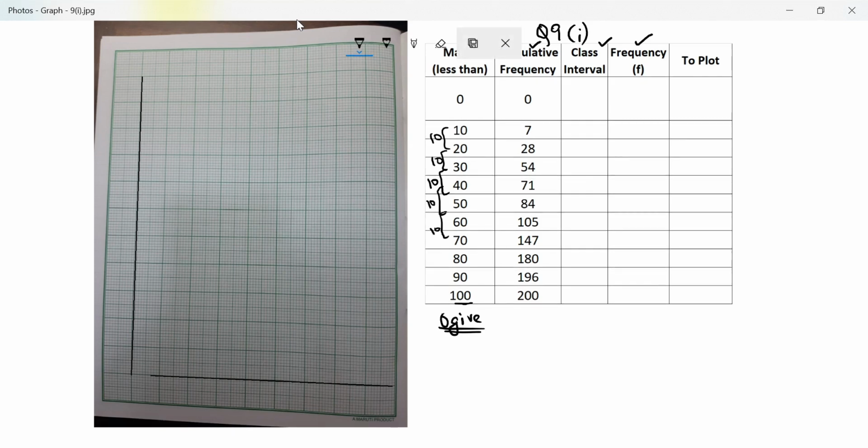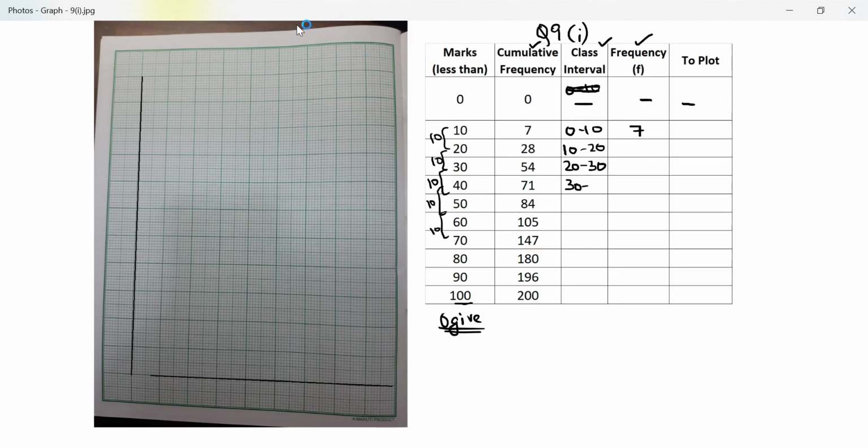So let's look at it. I can either start from here, which is 0 to 10, and then the next one can be 10 to 20. My suggestion is don't start in the first one. Leave it blank. Why? Because either you leave the first one blank or the last one blank, your choice. Let me first just write the class intervals.